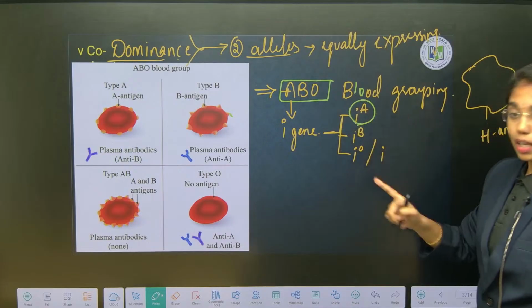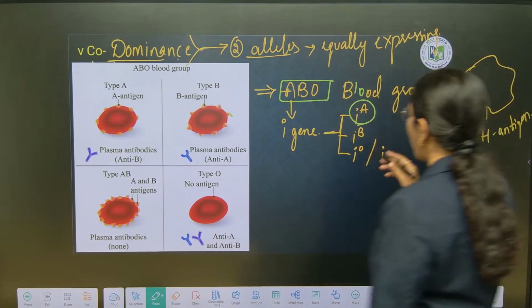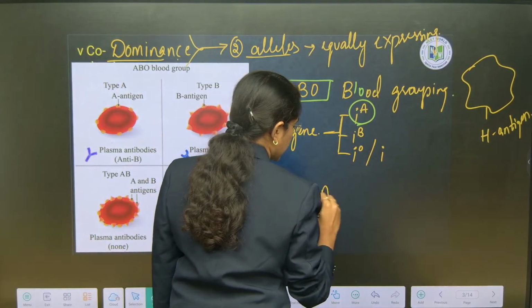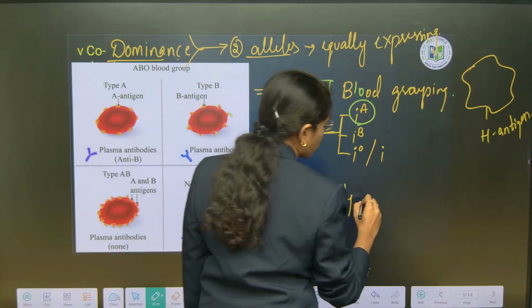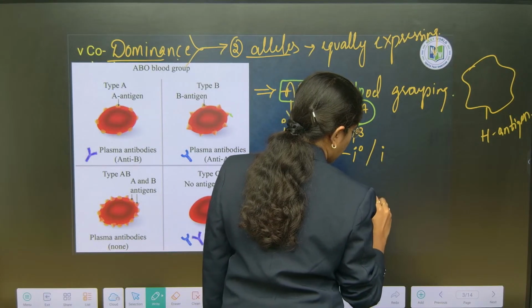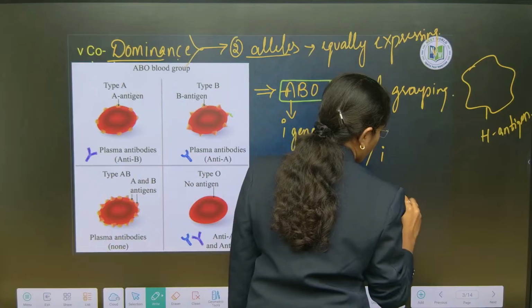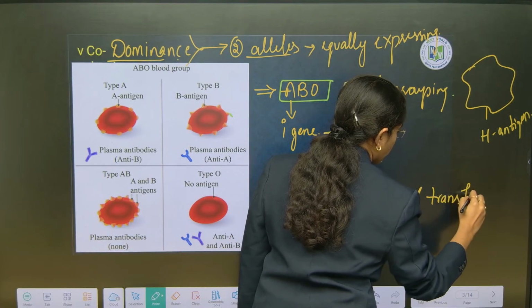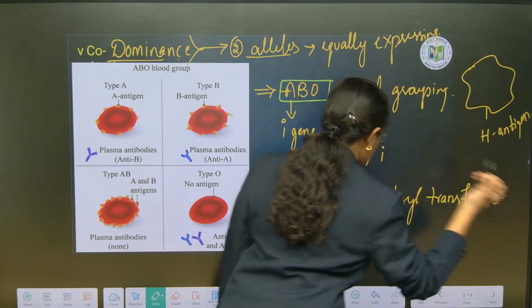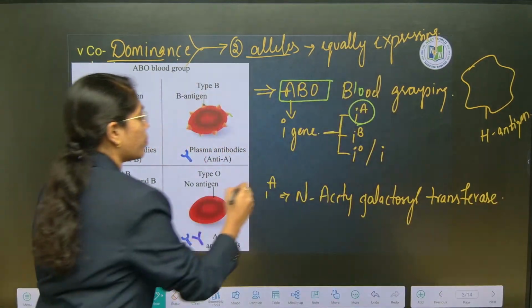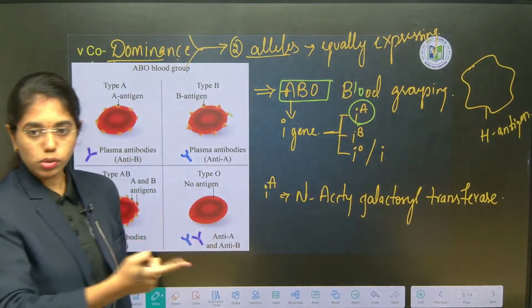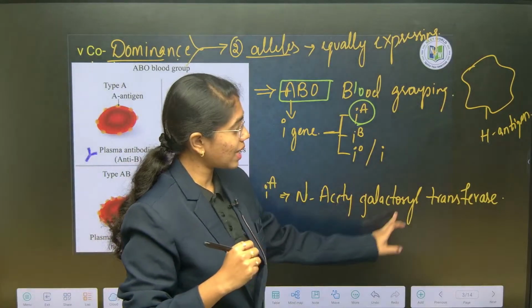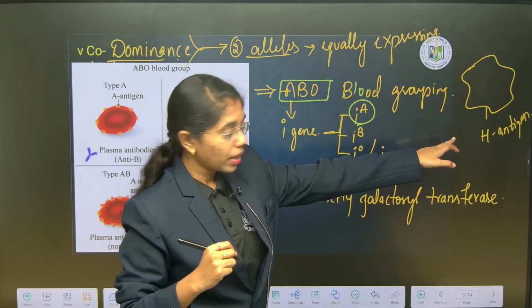IA, this allele will encode for the enzyme N-acetyl galactosyl transferase. This is the enzyme, okay. IA will code for what? N-acetyl galactosyl transferase. This will give the sugar, that is N-acetyl galactosamine, which is given to what?